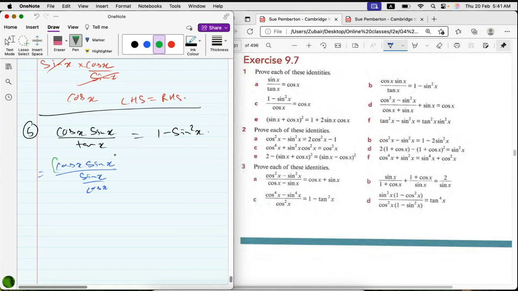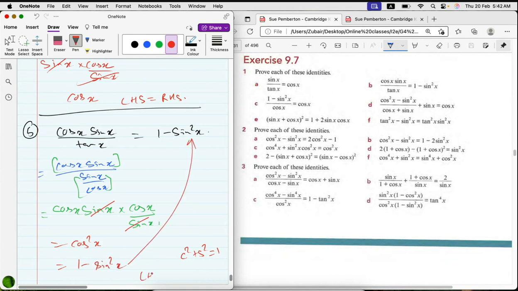Now this numerator divided by this denominator, if I just reciprocate it and convert it into multiplicative sign, this would be cos x over sin x. Sin x will be eliminated and I'm left with cos square x. And using the identity cos square plus sin square is equal to 1, cos square is 1 minus sin square x. So left hand side is equal to right hand side.